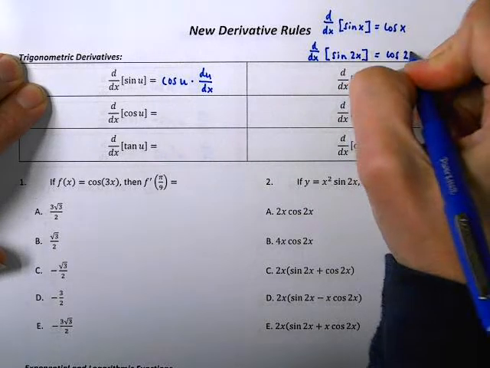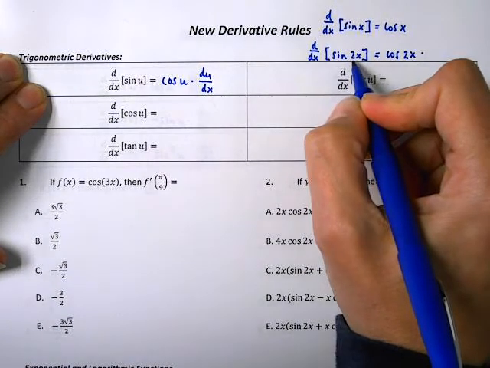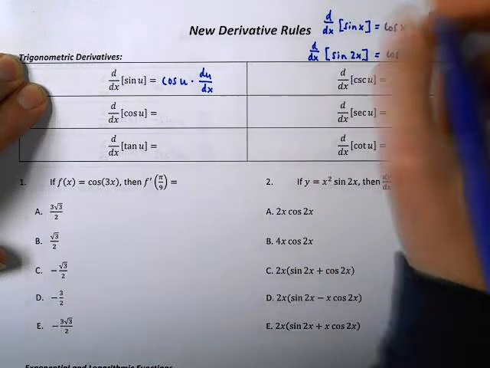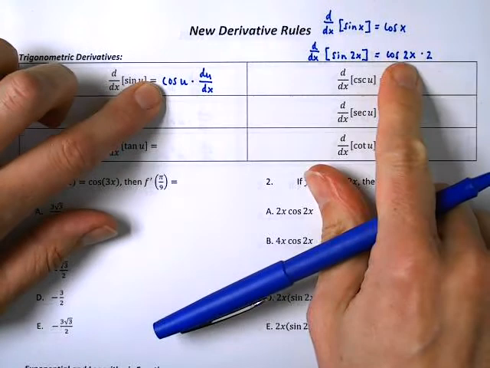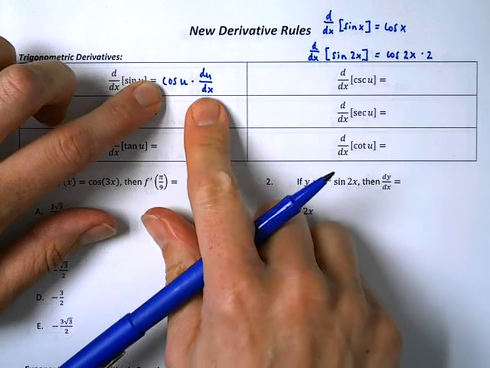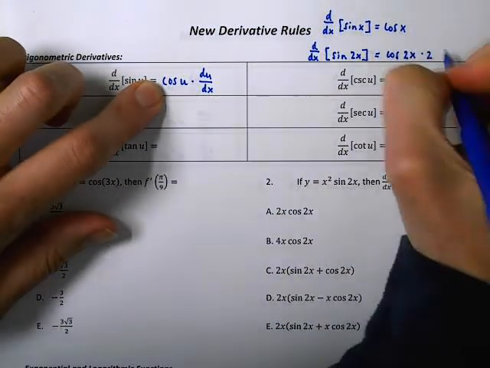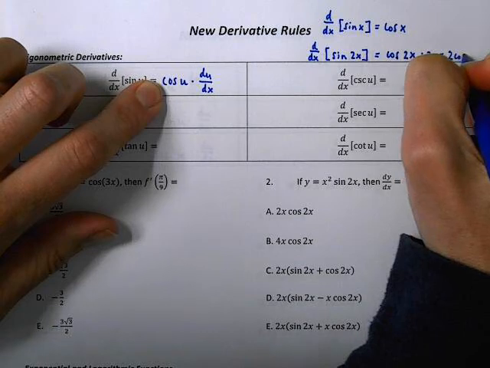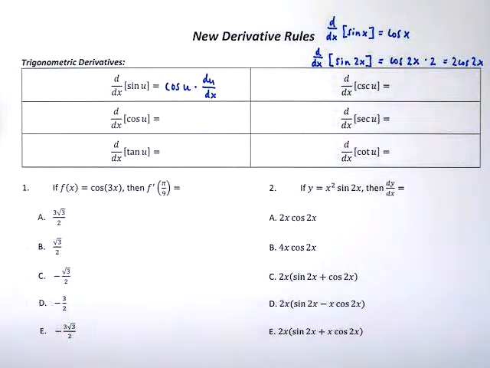So we have 2x, then chain rule tells us we have to multiply by the derivative of that inner function, which in this case is 2. So that's why here this u is representing the 2x, and this du dx is representing the derivative we have to do for chain rule. So hopefully that clears up some of the notation, but if you have questions about it, please ask when we start class.